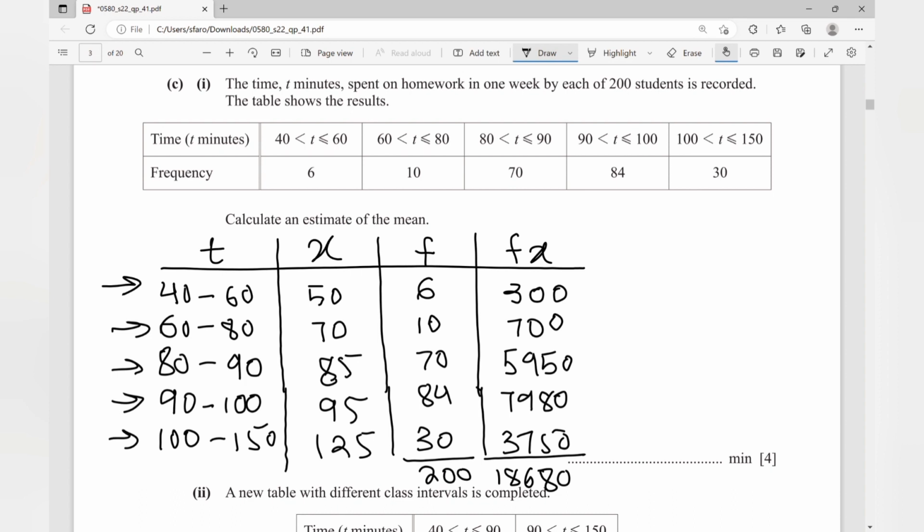So now what we simply have to do is take this 18,680 and divide it by 200, and this will give us 93.4.